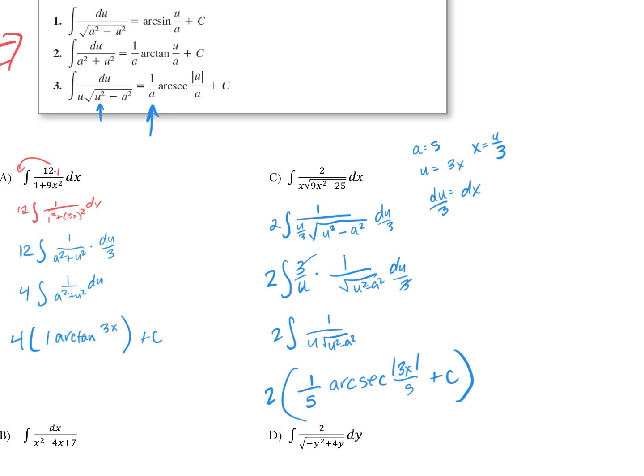The 2 times the c doesn't matter. So then it's 2 times that entire piece, which is just 2/5. Just put the 2/5 in front. Oh, okay, I got you. Is it okay if we leave the 2 and then put parentheses around the whole thing? Yeah, I don't care about that.